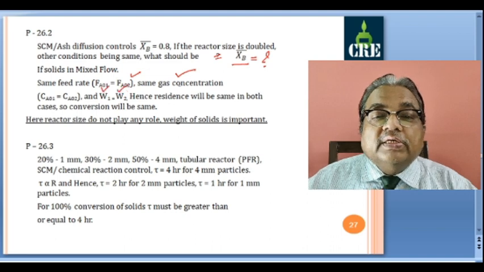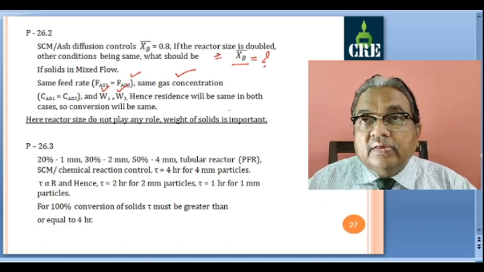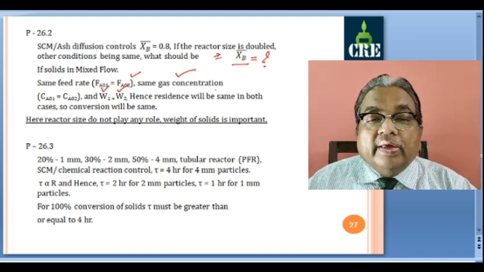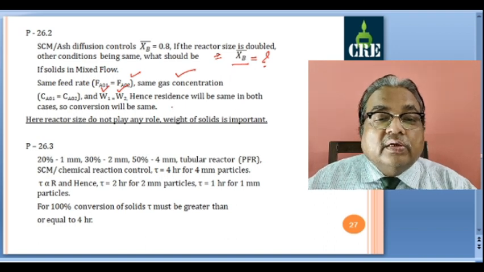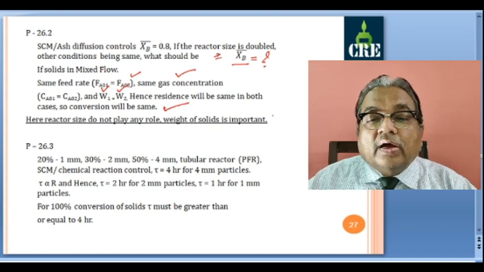So there is a difference. Reactor size is changed, but the feed remains same feed you are using. Hence the residence time will be same in both cases, and so the conversion will be same. So here you have to note that the reactor size do not play any role. Weight of the solids are important.